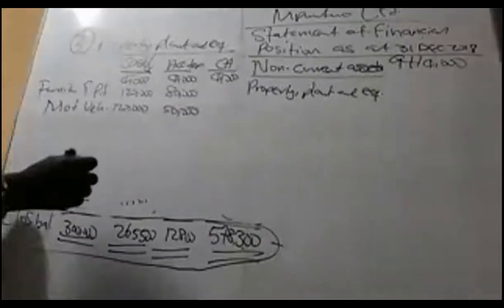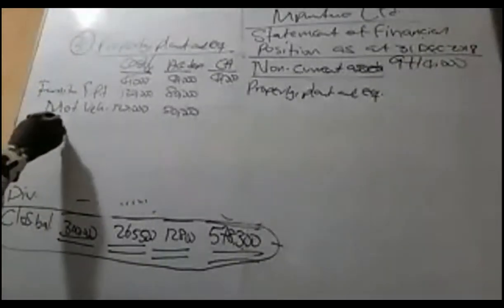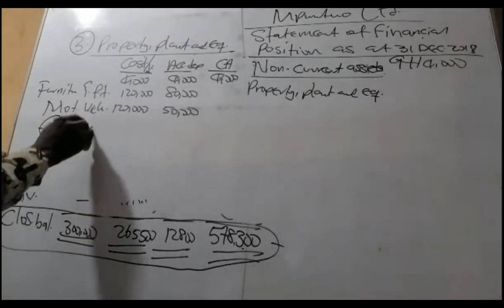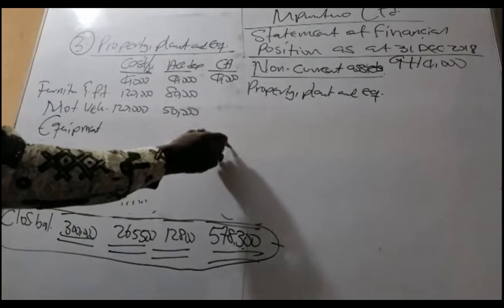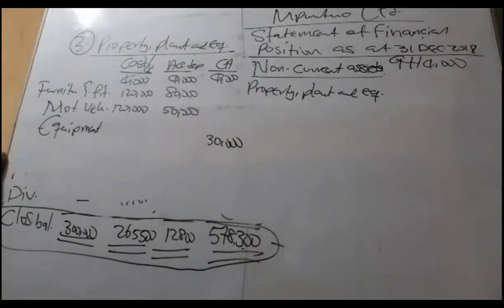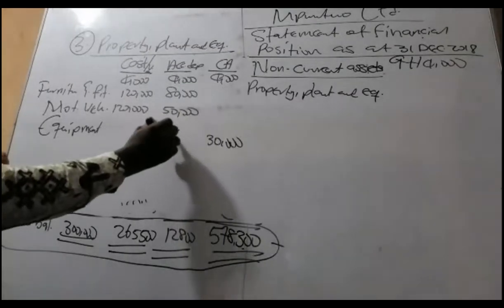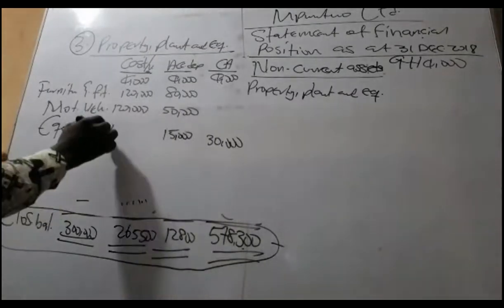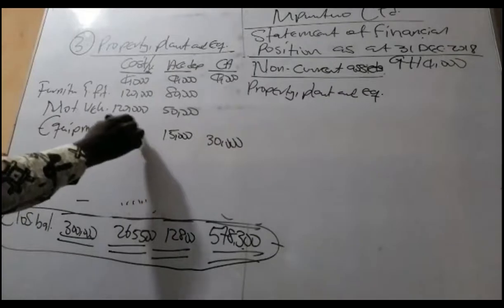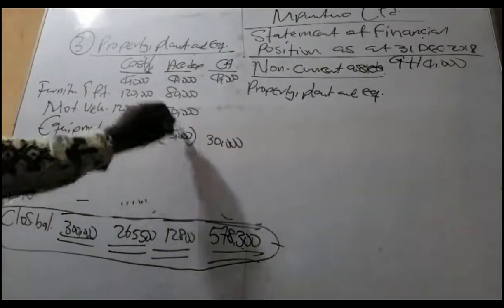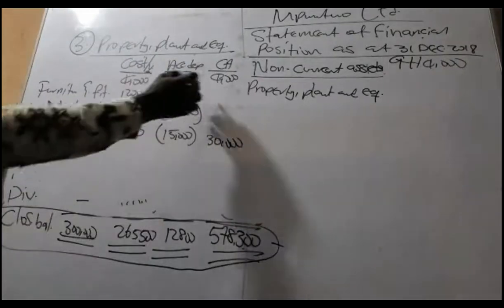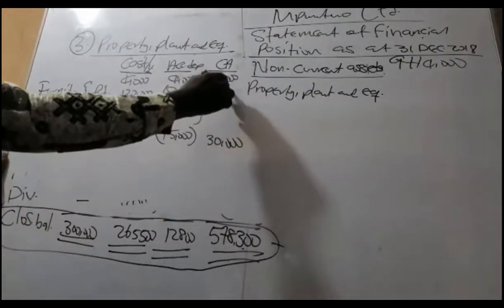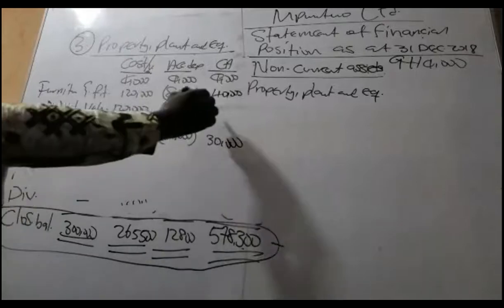So equipment here. You can decide to produce the 30,000 here as a carrying amount, then you leave the rest here for teaching purposes. I'll bring all of them, 45,000. Then you put all the accumulated depreciation in brackets. Then you subtract. So this will give us 40,000. This will give us 70,000.